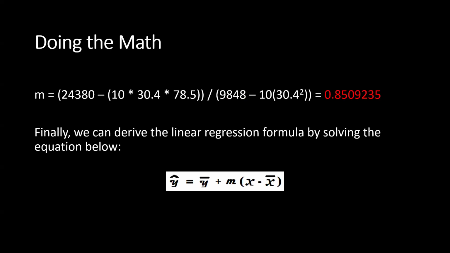So if we were to input all of the values to complete this formula, it would resemble this. So this is our slope value. And now finally, we can derive the linear regression formula by solving the equation below.